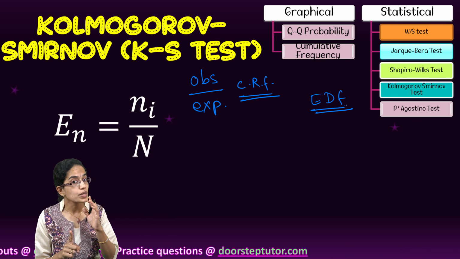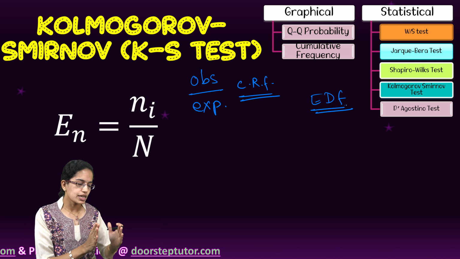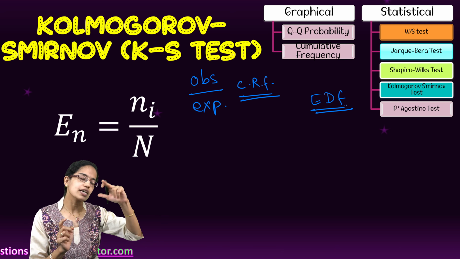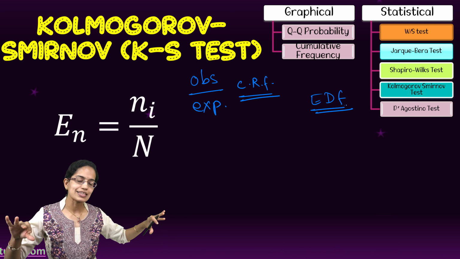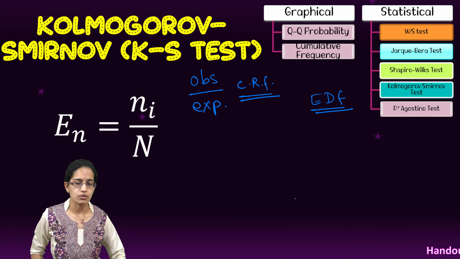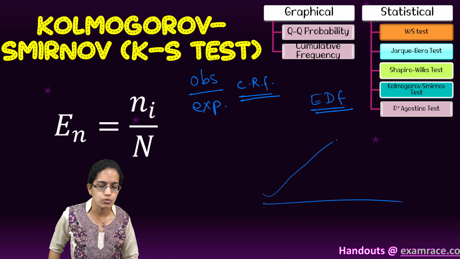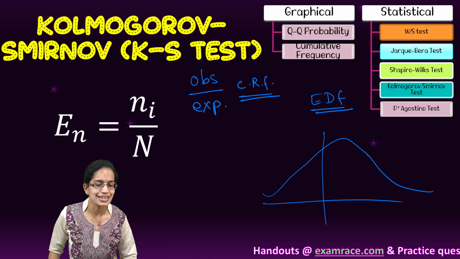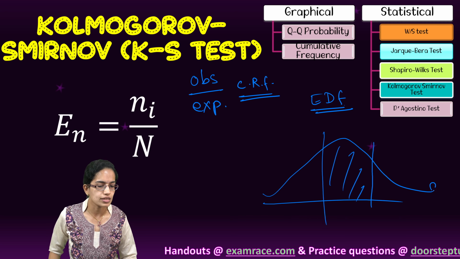It tends to be more sensitive near the center of a normal distribution rather than the peripheries or the tails of the normal distribution. So the values are more sensitive towards the center of the data rather than the peripheries.